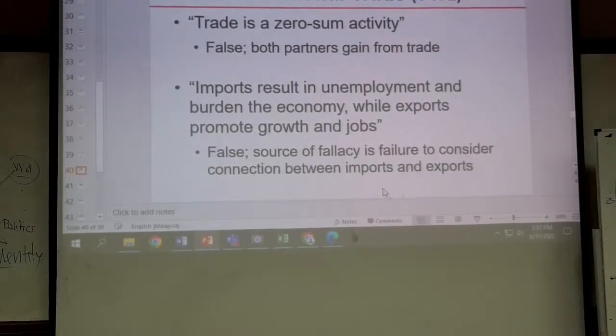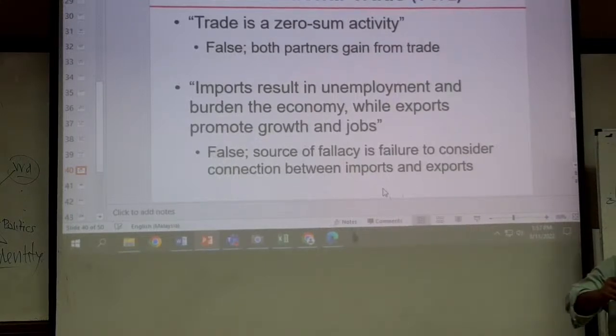Country A, country B. After the trade, total is 30. Previously 10. Because of specialization.